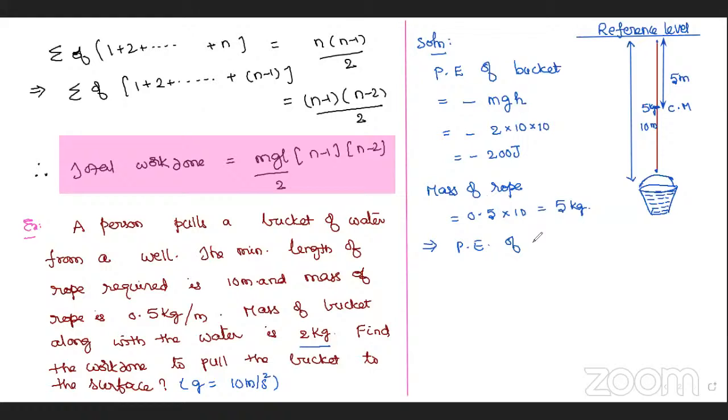That's why the potential energy of the rope I have to consider, using again the formula mgh below the reference level: minus, mass is 5, g is 10, and height you told is 5 for the rope. So this is minus 5 fives are 25 into 10, I'm getting 250.